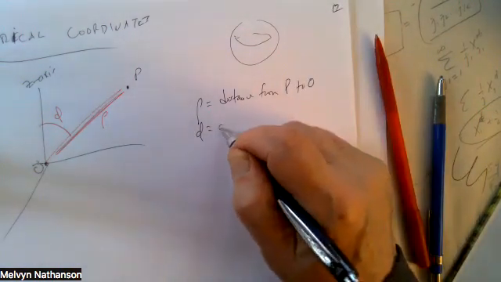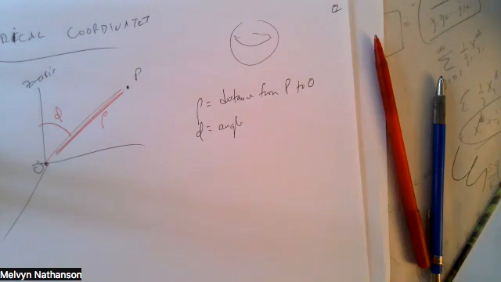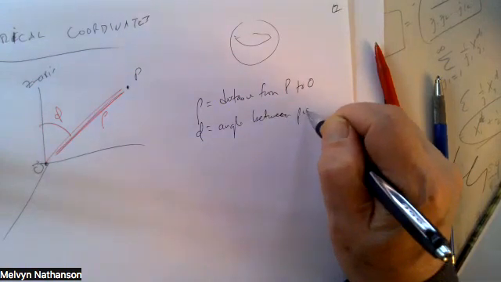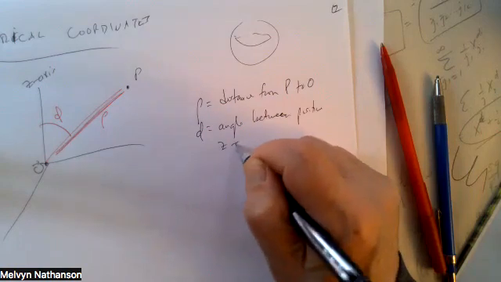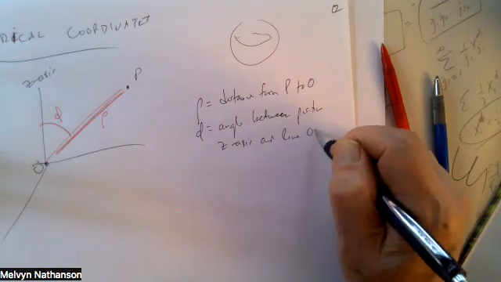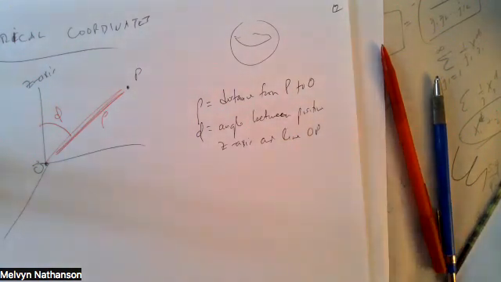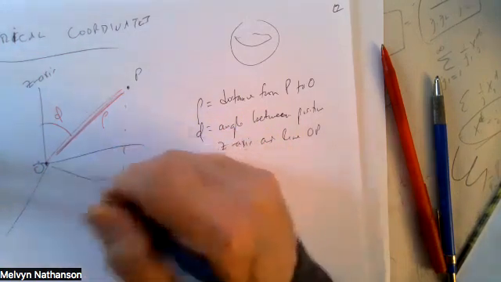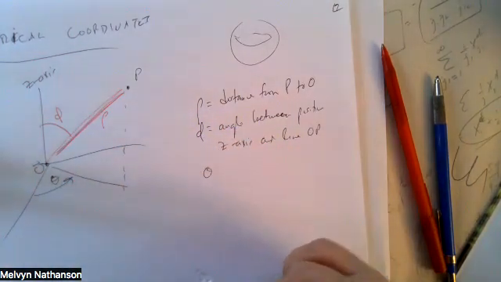So phi equals the angle between the positive z-axis and the line from O to P. And theta, well, theta is just like the theta in cylindrical coordinates.